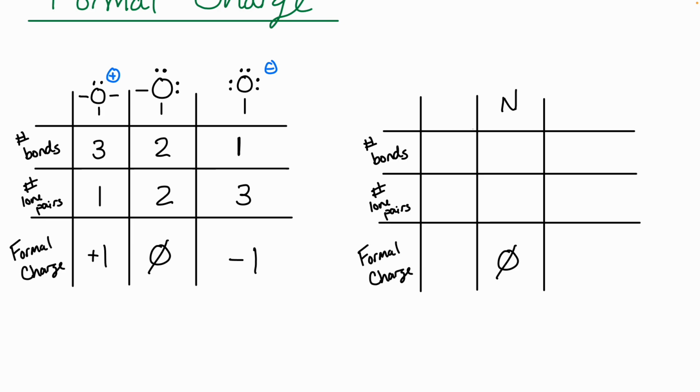So how many bonds does nitrogen like to have? 3, and how many lone pairs? Just 1. So that is when nitrogen is its most stable, when it has 3 bonds and 1 lone pair.